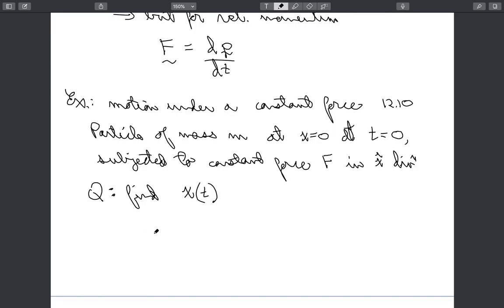Well, it's quite straightforward. You look at the equation. So Newton's law here tells us that dp/dt is just the force, which is a constant, and p at t equal to 0 is equal to 0. So that means that p is just equal to F times t.